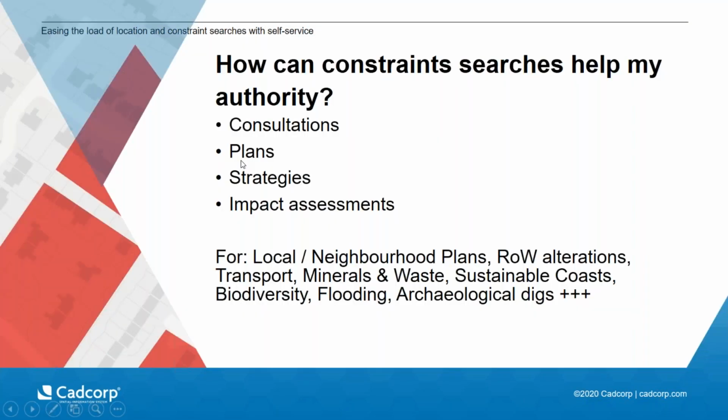So we've seen a few use cases, and as I said earlier, the information that's provided, mainly from the PDF reports, could be used in consultations, plans, strategies, impact assessments, and other reports that you may do within your organisation. We came up with these listed at the bottom as other potential examples: flooding, rights of way changes, transport infrastructure changes.